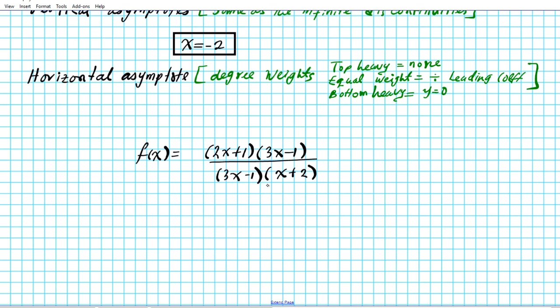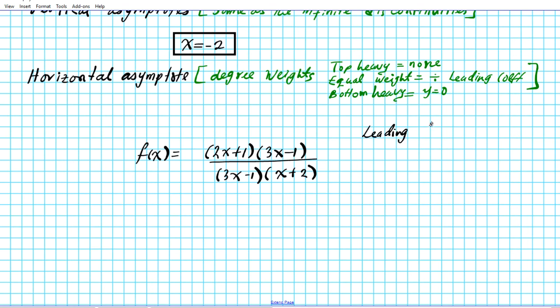Now what I need to do is determine the degree of the numerator and the degree of the denominator. To figure that out, I simply need to determine what the leading terms are for the numerator and the denominator.